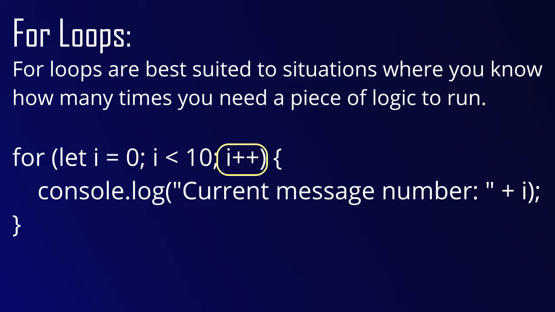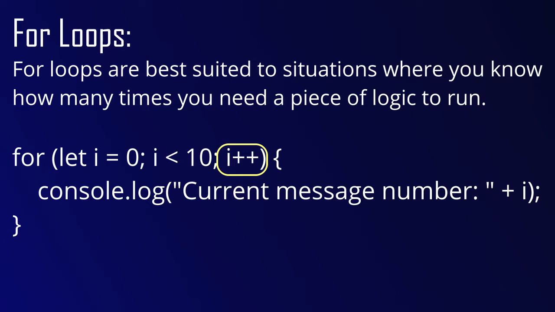The third part is what determines how the index variable is updated each time the loop's body is run. In our example, this is indicated by I++. Just like in the earlier video on working with numbers in JavaScript, adding plus plus to the end of a number variable adds 1 to the current value of the variable.